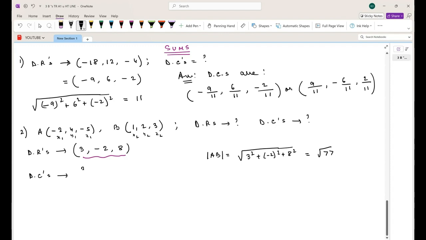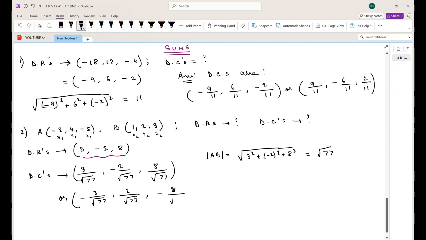So the DCs will be 3 by root 77, minus 2 by root 77, 8 by root 77. Actually you can give one set only as the answer. It is not necessary every time to give two, especially these are 1 mark sums. 3 by root 77, minus 2 by root 77, and 8 by root 77. So these are the DCs.